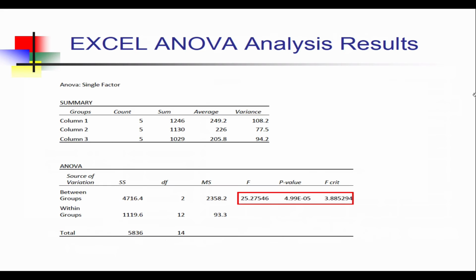You click OK. It's going to give you this ANOVA output. But it is very important for you to understand the meaning of each cell in this table. Is that okay?